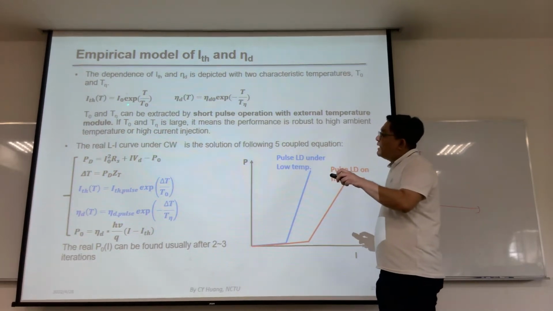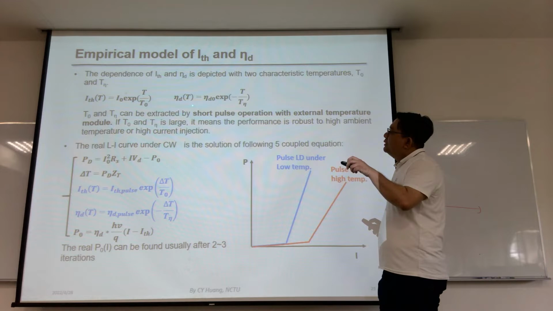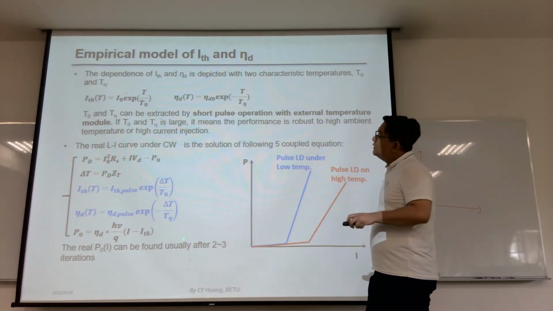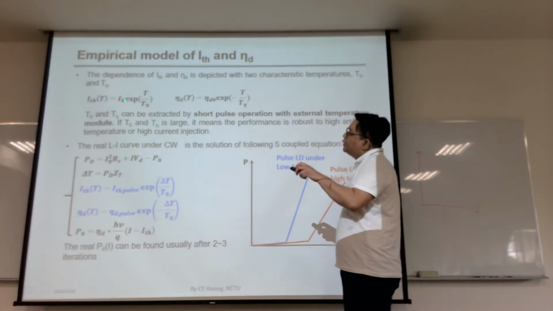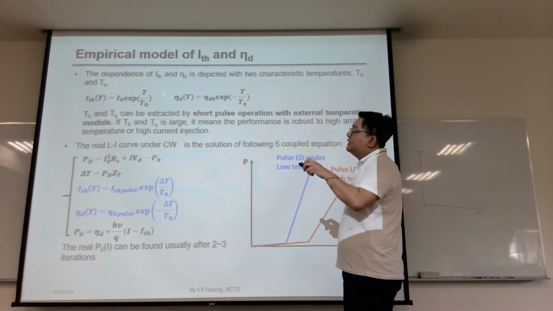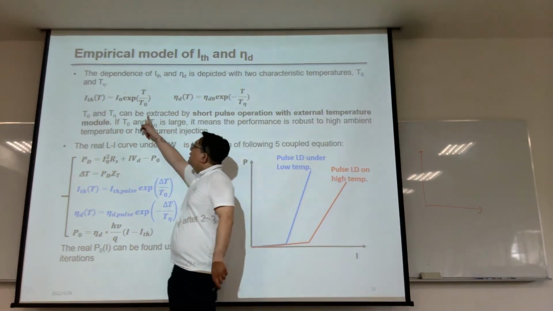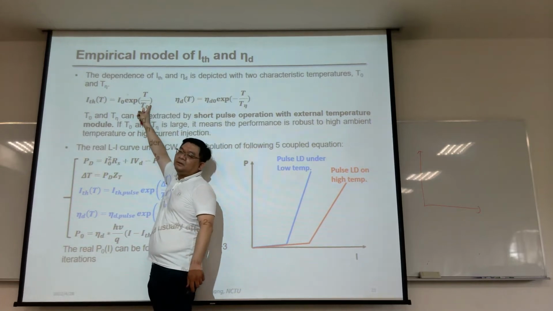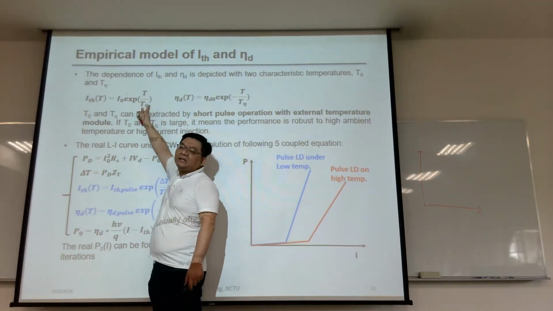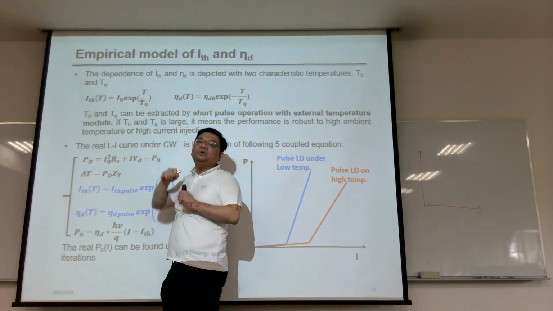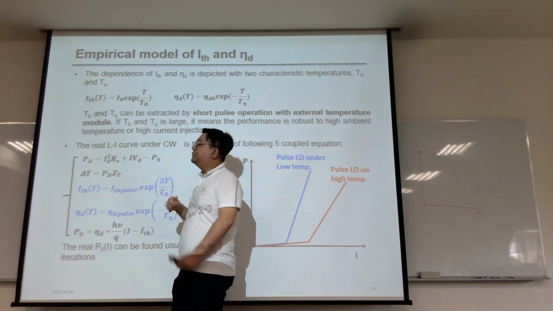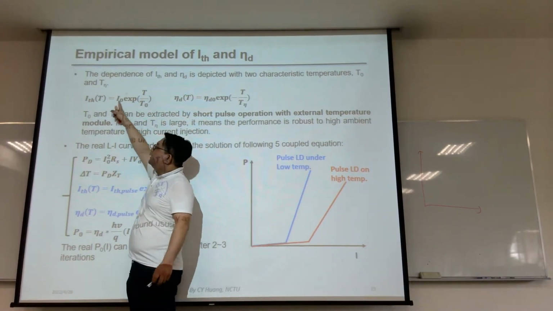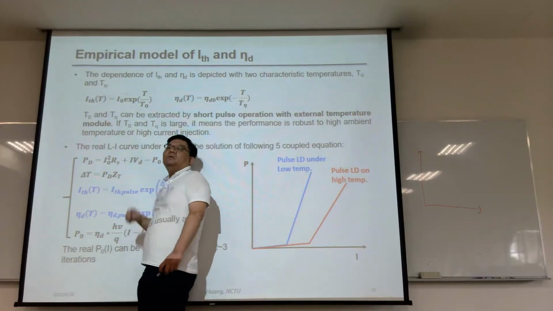So we usually model the ITH and the zeta D as a function of temperature. We say ITH will increase exponentially with T, and model it with a parameter called T naught. If you have a higher T naught, that means your device is more resistant to higher temperature. Okay. And you see that when T is higher, your threshold current density will be higher.